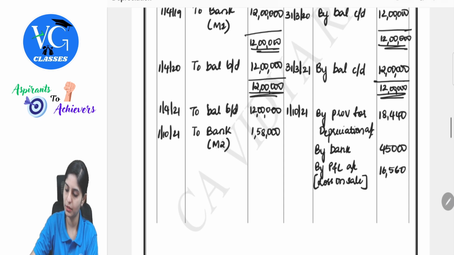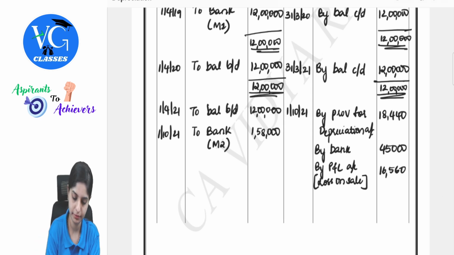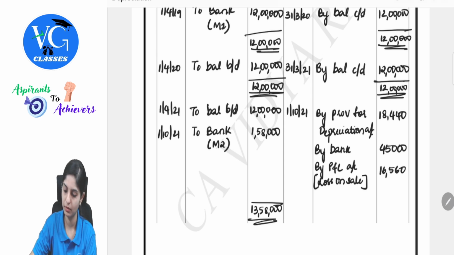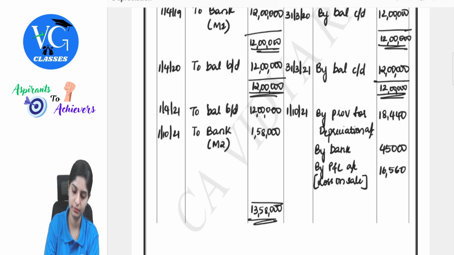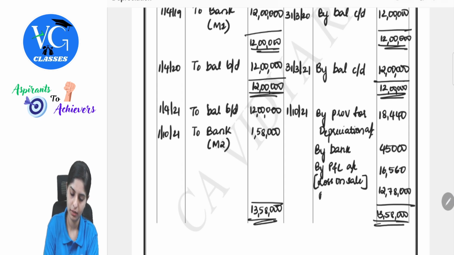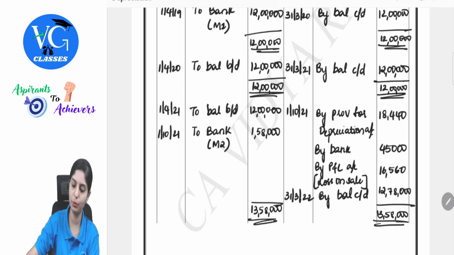So 12 lakh plus 158. Twelve lakh 78,000. This is by balance carried down, 31st March 22.